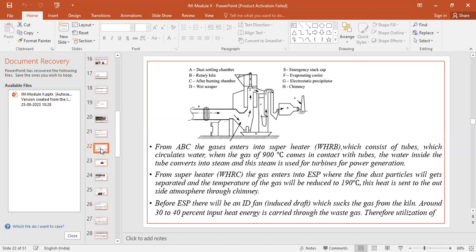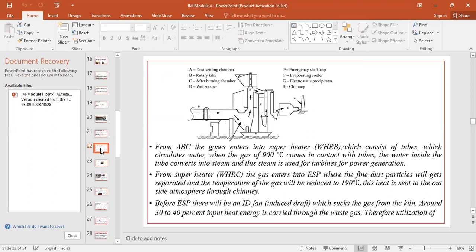The heat associated with these waste gases will be absorbed by the water circulating in these tubes, and then the water will come into steam, and that steam is used for power generation using turbines.